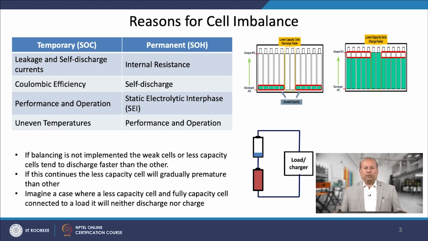If this continues, the weak capacity cell will gradually deteriorate prematurely compared to others. Imagine a case where a less capacity cell and a fully charged cell are connected to a load; it will neither discharge nor charge.